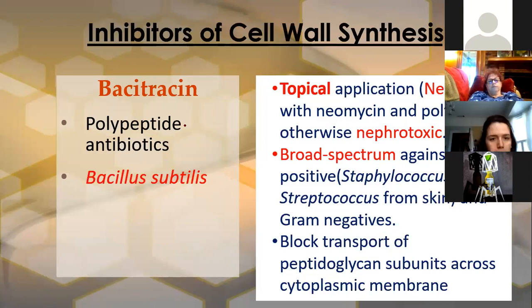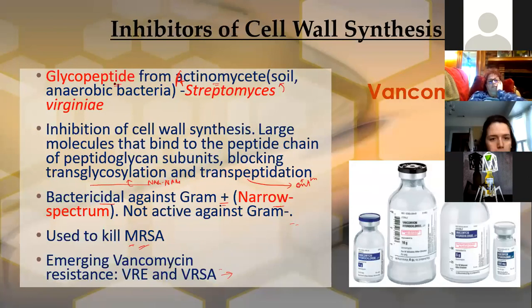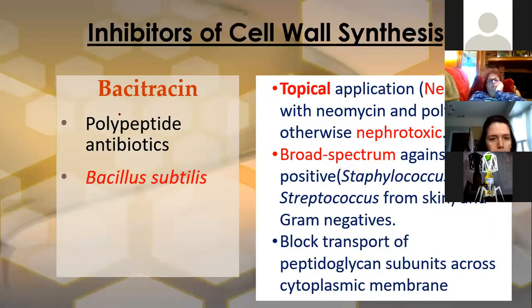Bacitracin, the same as vancomycin, has that glycopeptide. It works on the cell wall composition of bacteria. We get it from Bacillus subtilis. Application is topical; we use it as an ointment. Now bacitracin is nephrotoxic.